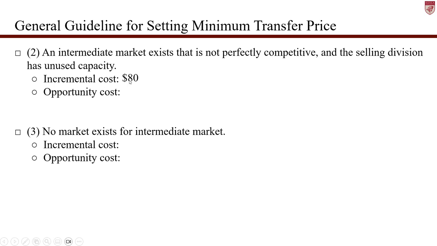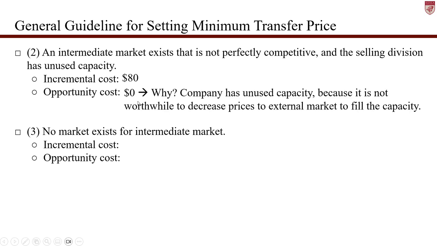Okay, so then incremental cost is $80 as always. And for the opportunity cost, how much are you giving up by selling internally? Actually, in this case, it's 0. Why? Because think about it. The reason why you have unused capacity is because you cannot sell to the external market, right? Therefore, there's nothing you're losing by selling to the internal refining division. So it's going to be 0. Okay, so $80 is going to be the minimum transfer price.